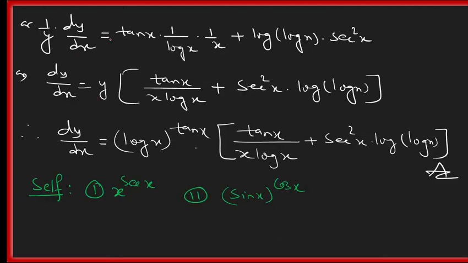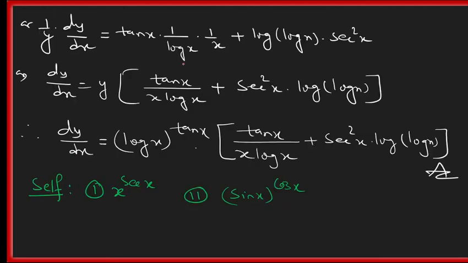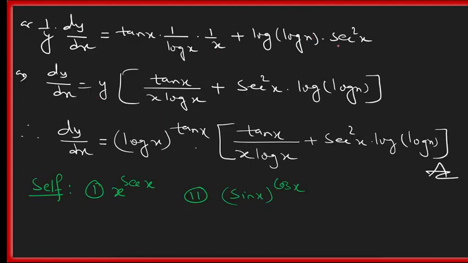And 1 by y dy by dx equals first no change, derivative of log x is 1 by x, so it becomes 10x times 1 by log x times 1 by x, plus log x no change, and the derivative of 10x is sec square x.